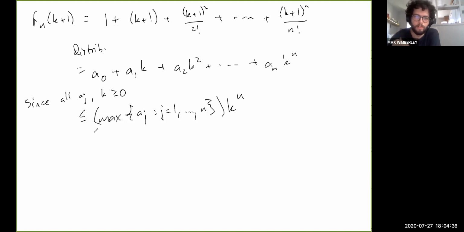So if you call this c, there's some constant times k to the n, and f_n of k plus 1 is less than or equal to this.